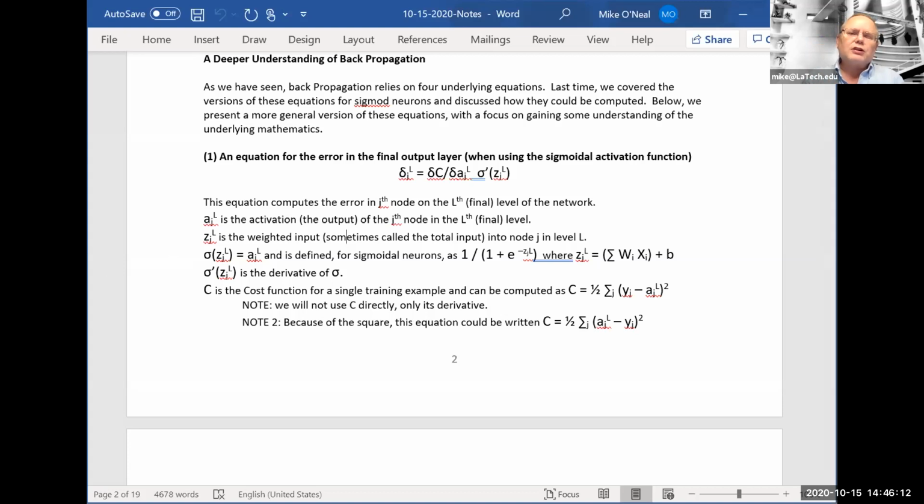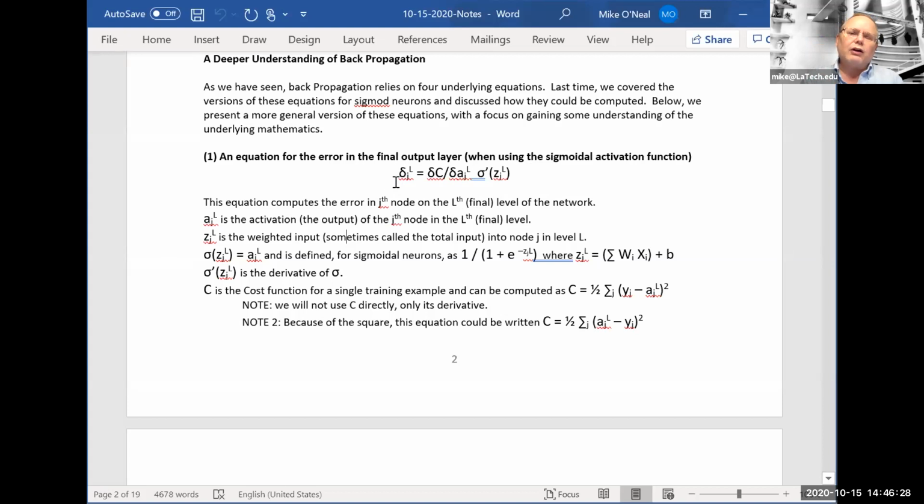So this equation is normally written like this. It's written from the point of view of a particular node in a particular layer.